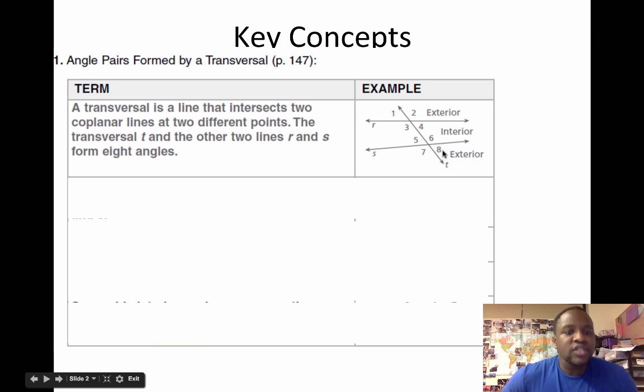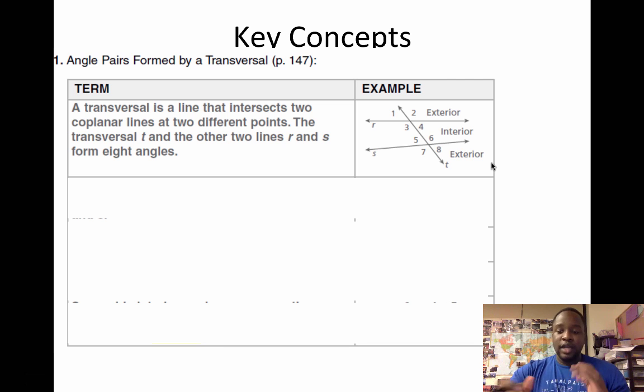The transversal T and the other two lines R and S form eight angles. In between the two lines is called the interior, and outside of the two lines is called the exterior. Basically, these will help us name all the different angle pairs.